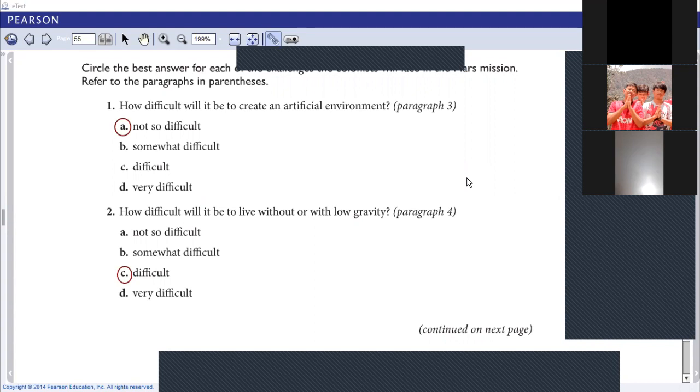So if we then look at very difficult, difficult, somewhat difficult, basically it's somewhat difficult. Taking it from the point that it is only mentioned at the end, actually.